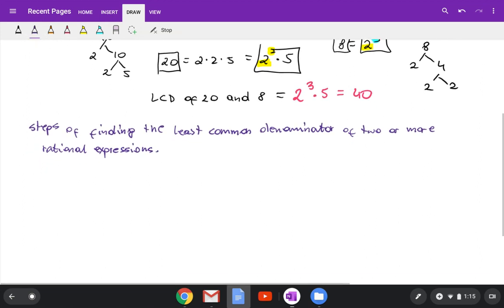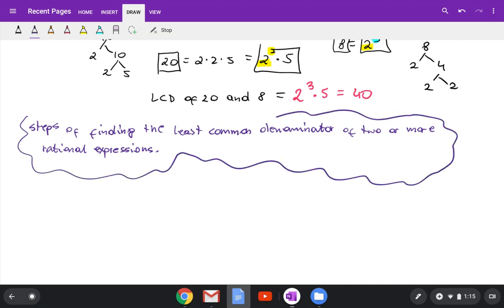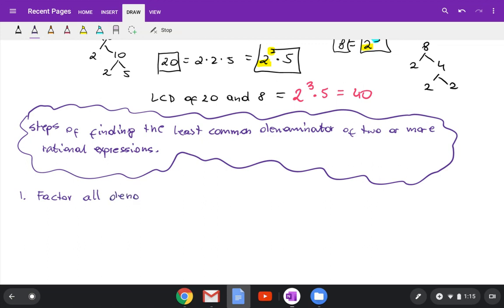I recommend you write down those steps, especially at the beginning when you're learning, as they will help you. The first step is to factor all denominators completely.